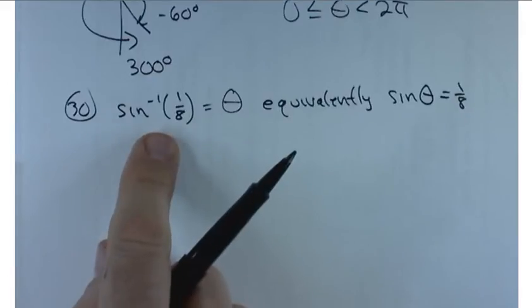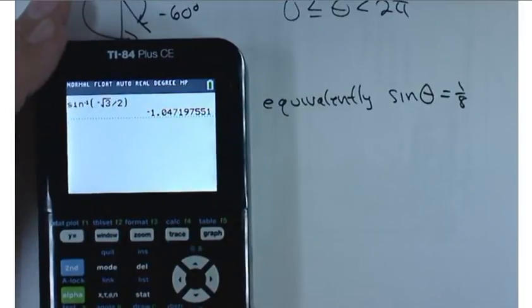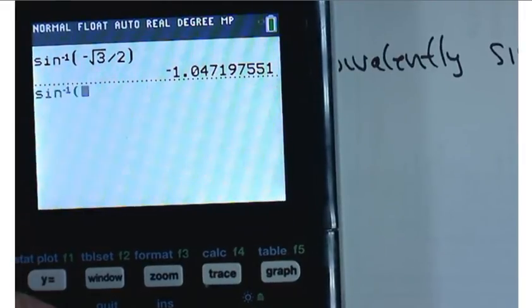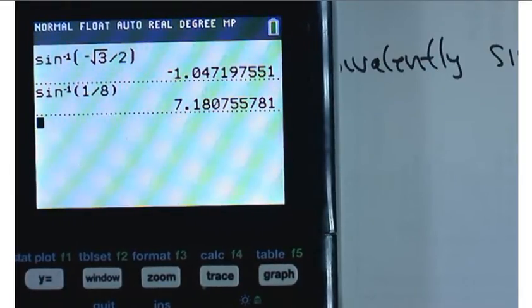Let's keep it in degrees. I don't think I'll recognize this in terms of radians. So back in degrees. And this one's probably not going to work out, like I said, to be something nice and even. That's okay. Sine inverse of 1 divided by 8. A little bit more than 7 degrees.